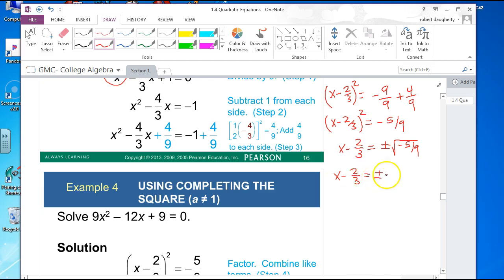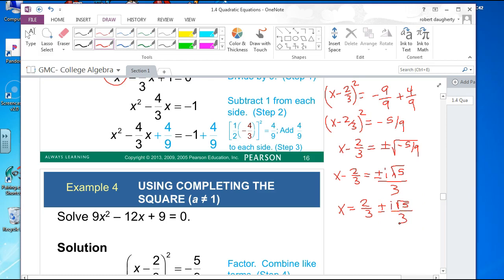That negative is just going to become i, and then you're going to have the square root of 5 over the square root of 9, which is just 3. Okay. So your final answer here is x equal 2/3 plus or minus i times the square root of 5 over 3.